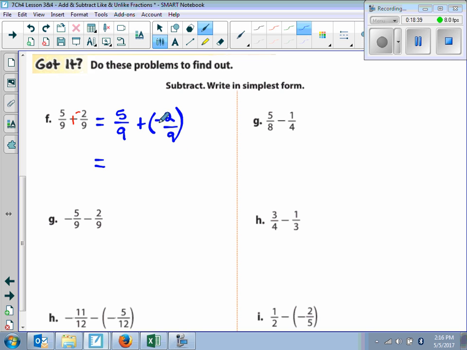So 5 plus -2 is 3. Very good. And then we just put that over the same denominator, and now we can simplify to 1/3. You got that?